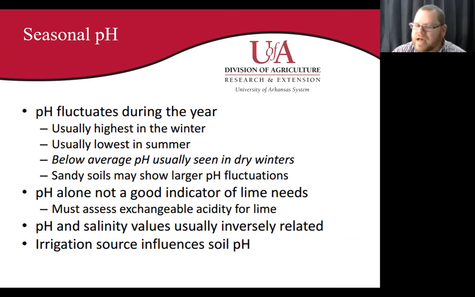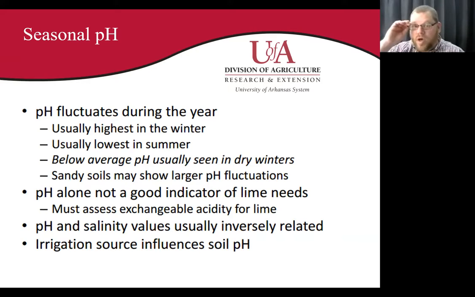pH alone is not a good indicator of liming our fields, even though that's probably what we look at a lot of times and just say, well, it's a 4.7, put this much on there. But the CEC also has something to do with that. And also the salinity level of your soils can affect your pH. And think about the irrigation sources that you use.